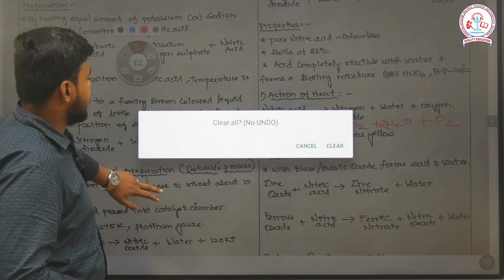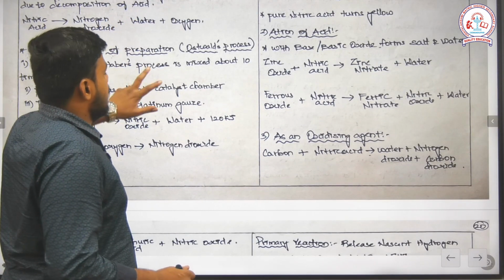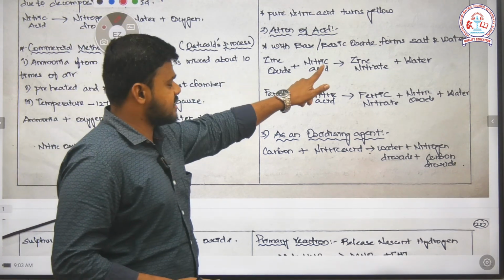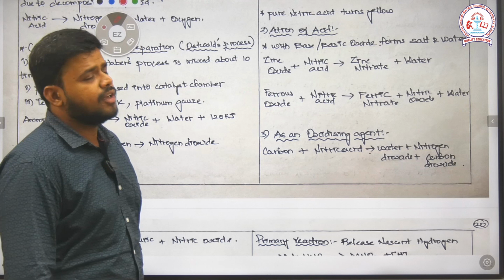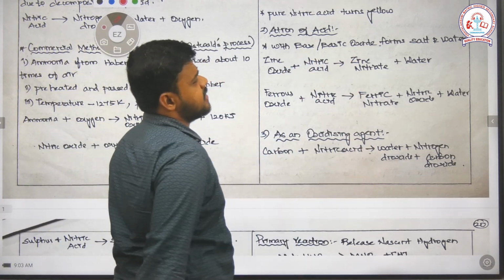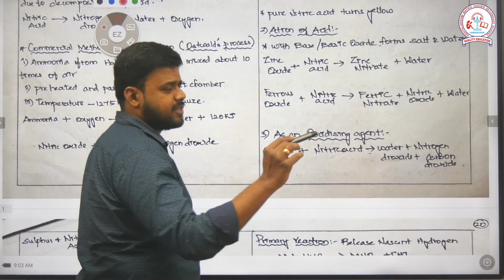The next one, reaction with a base. See, the action of this nitric acid with the oxides of the metal forms a salt. Say for example, with the base or basic oxide, it forms a salt and water. So basic oxide, all the metal oxides are bases.